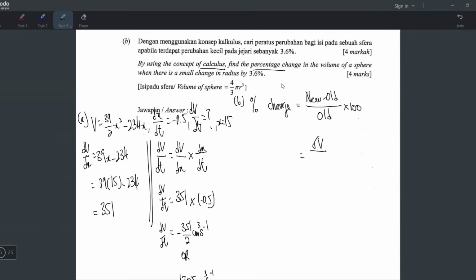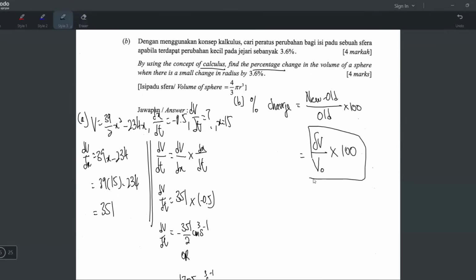So new minus old will be the delta V, and then over the old, I'll just call it V_o for now, the O stands for old, and then times 100, and then equals to question mark. This is what I want to find.